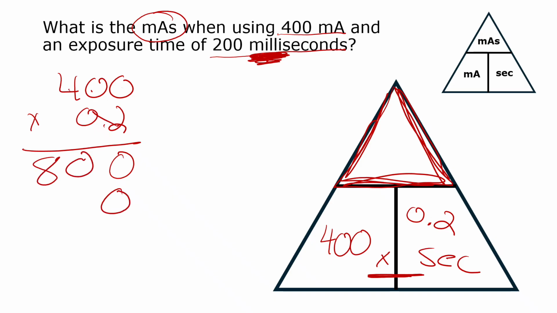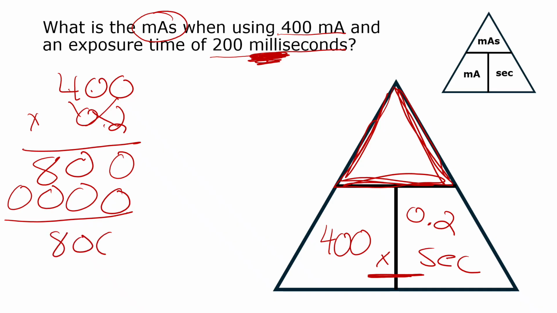Go down to the next row. 0 times 0 is 0. 0 times 0 is 0. 0 times 4 is 0. Add that together, gives us 800. We need to resolve this one decimal place, so we need to move a decimal place right here, and that gives us our answer of 80 mAs. So 400 mA at 200 milliseconds equals 80 mAs.